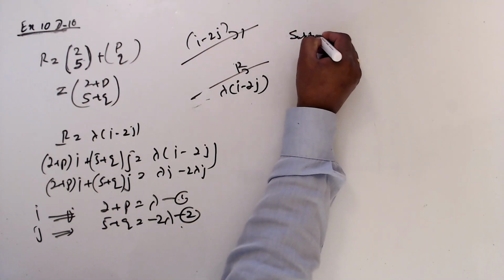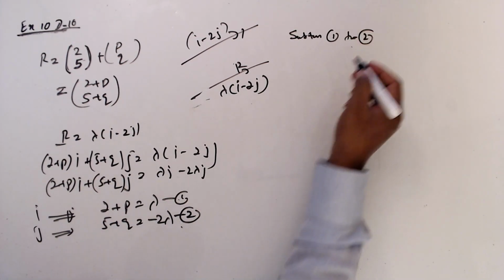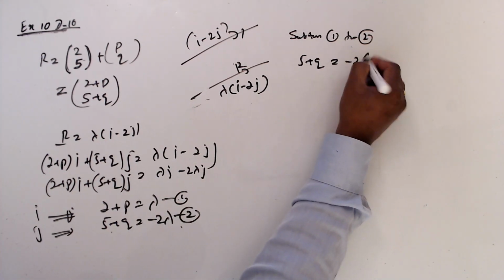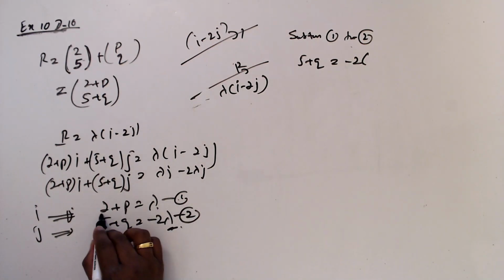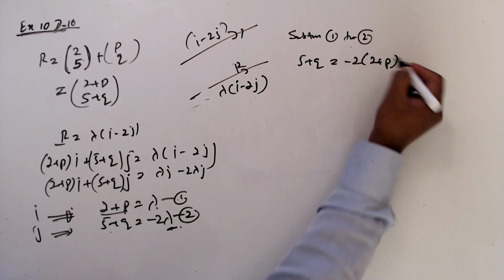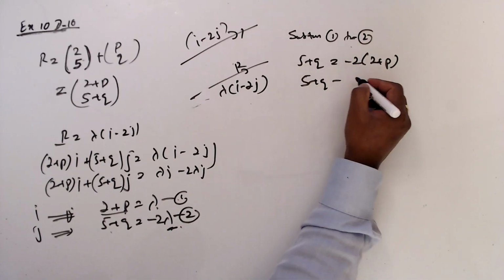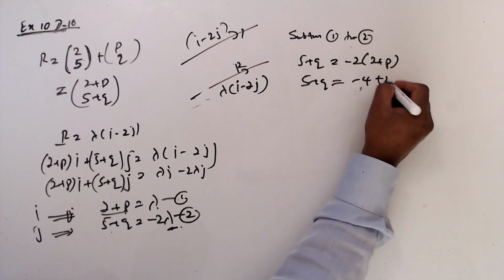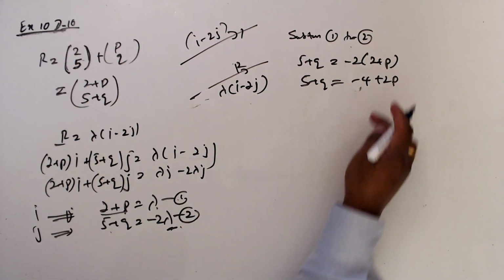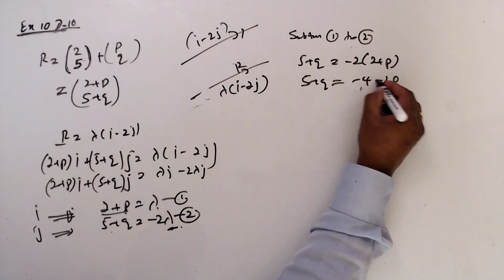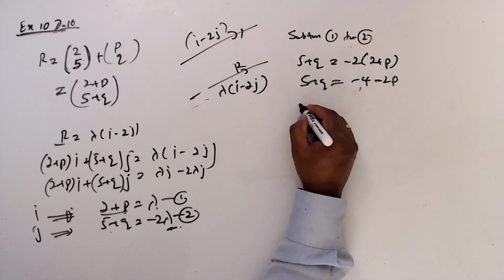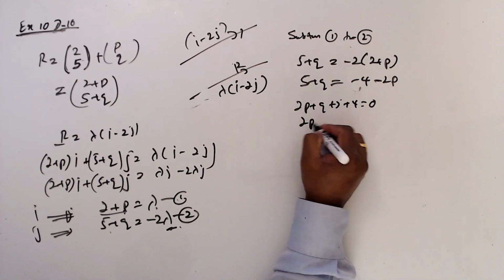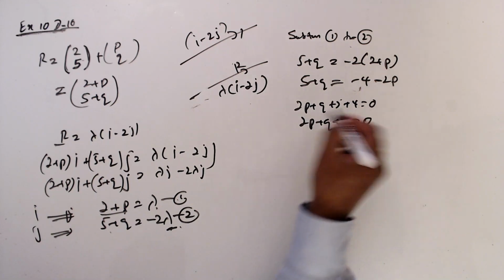So 5 plus q equals minus 2 times lambda, and lambda we know is 2 plus p. So 5 plus q equals minus 4 minus 2p, so everything to this side: 2p plus q plus 5 plus 4 equals 0. So 2p plus q plus 9 equals 0.